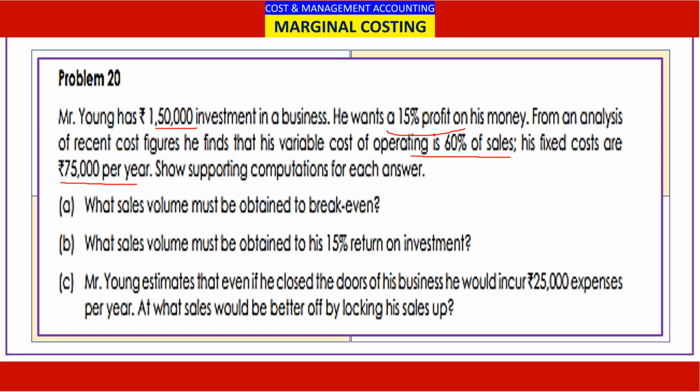The question expects us to calculate the break-even sales volume, target sales volume to get a 15% return on investment, and if the fixed costs are reducible by rupees 25,000, then what should be the sales to be achieved for a break-even with a reduced fixed cost of 75,000 minus 25,000.